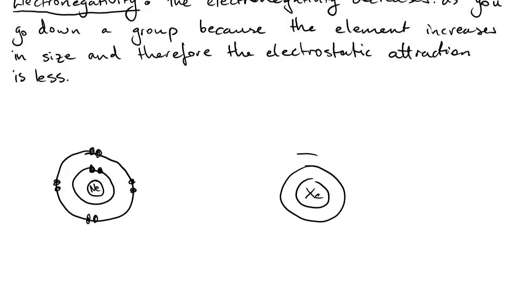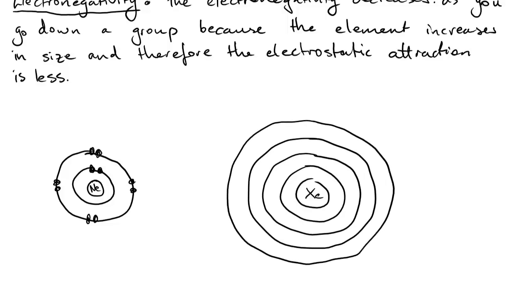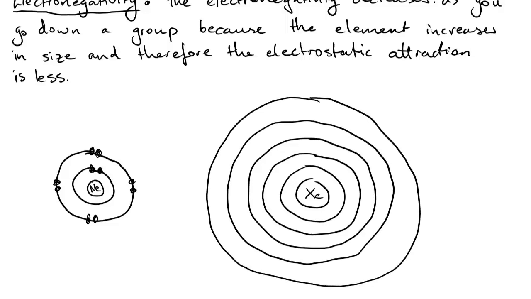1, 2, 3, 4. This is going to be massive. 5. So if you can imagine in xenon that the final electrons, I'm not going to draw all the ones in between, but the electrons in the very final shell, there's 8 of them. As is the case with neon as well. Now with neon, remember that there's positive forces in the center of the atom.